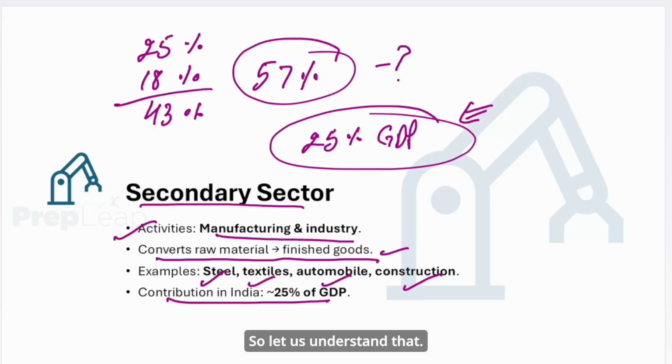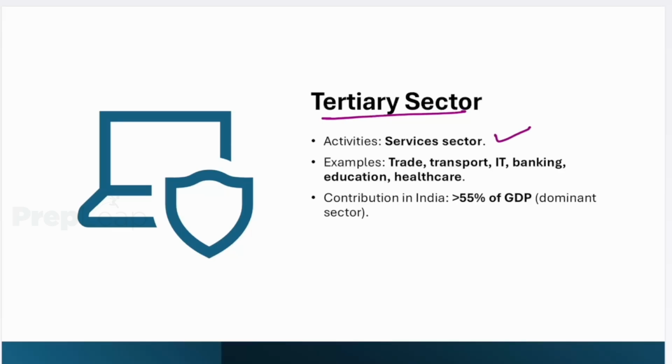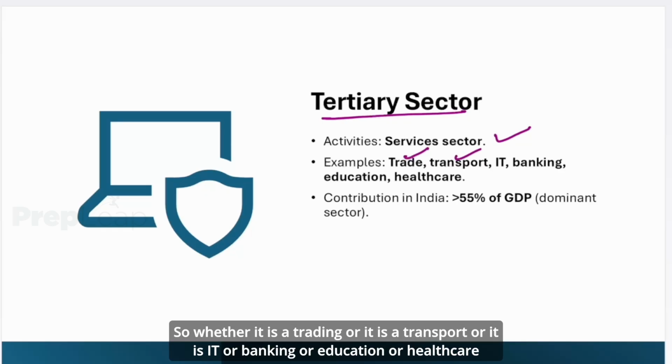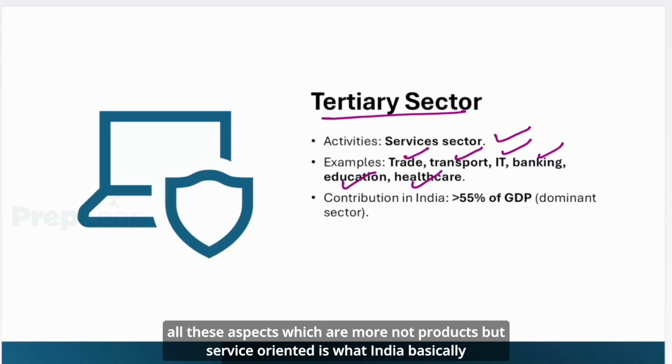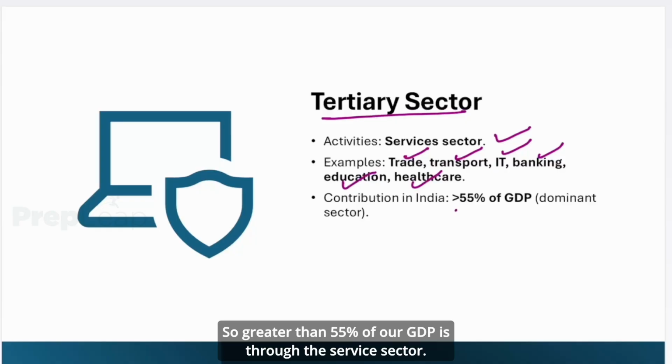So let's understand that. That goes to the tertiary sector. What is tertiary sector? Tertiary sector is basically the service sector. So whether it's trading or transport or IT or banking or education or healthcare, all these aspects which are not products but service oriented is what India basically works upon. So greater than 55% of our GDP is through the service sector.